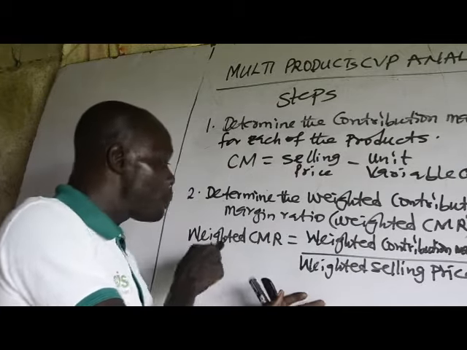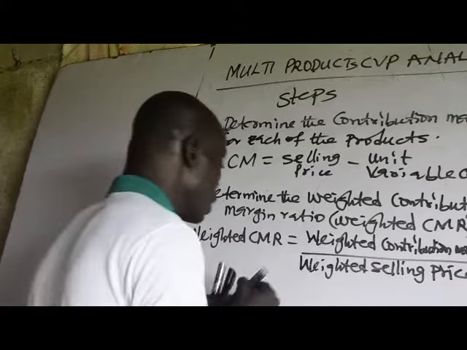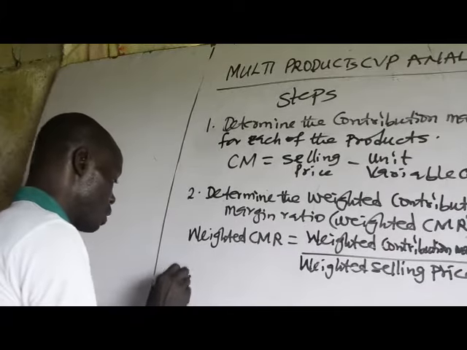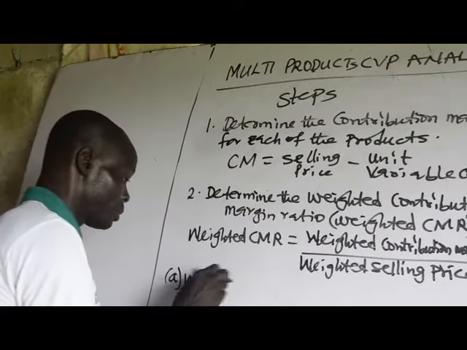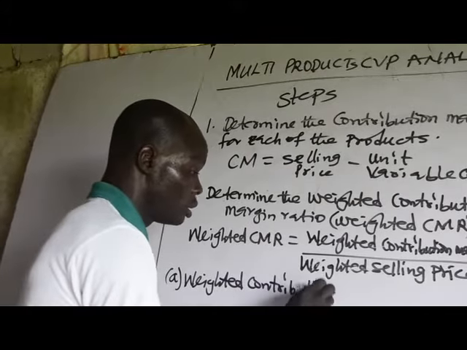Meaning that to compute a weighted CMR, you need two variables. Number one variable is weighted contribution margin.